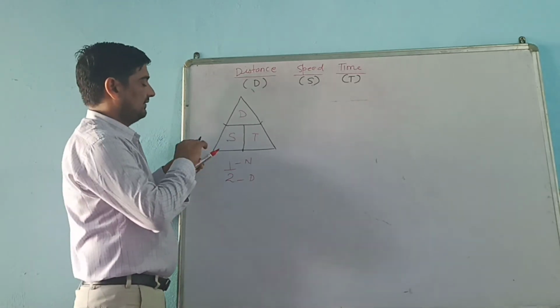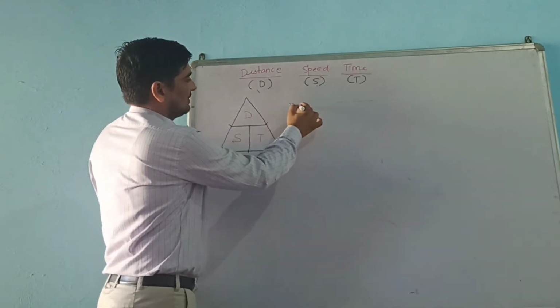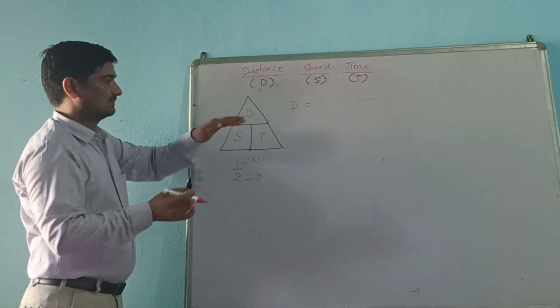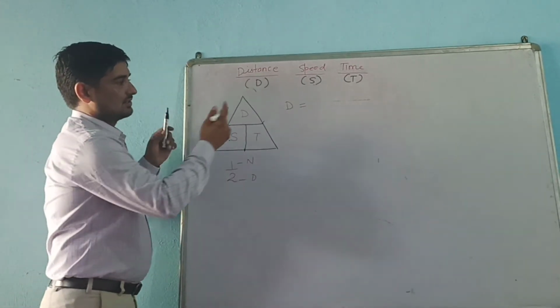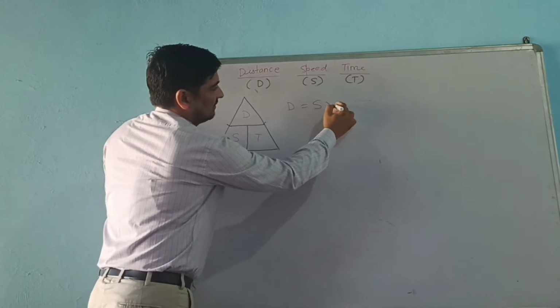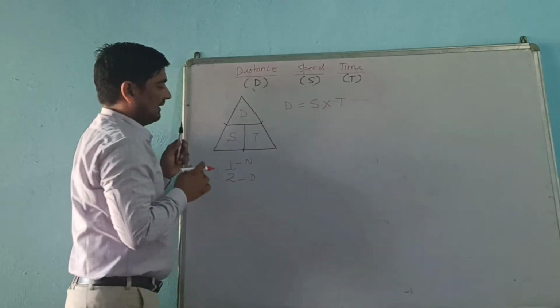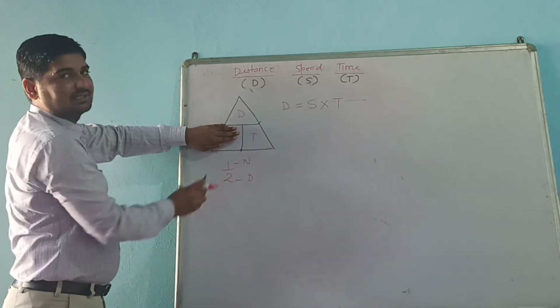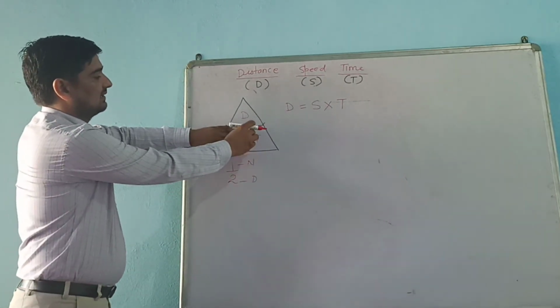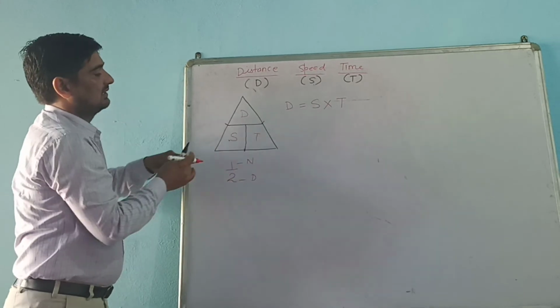Here, if I want to calculate distance, I have to cover distance. There will be speed and time, so I will write speed into time. If I want to calculate speed, I will cover speed. You can see distance divided by time: upside it is distance, the numerator, and downside it is time.